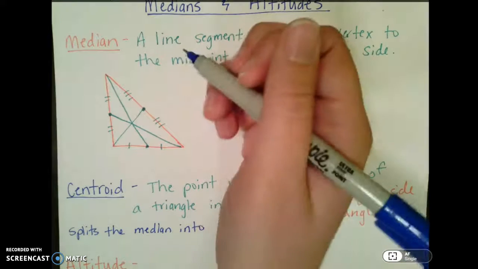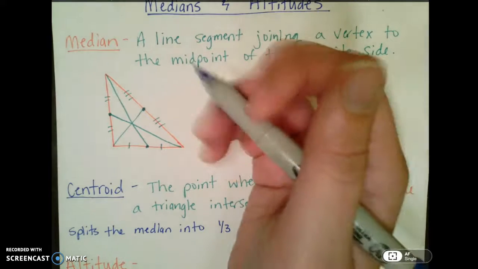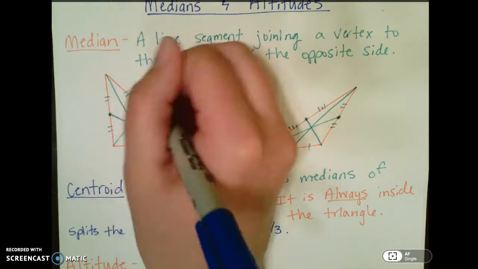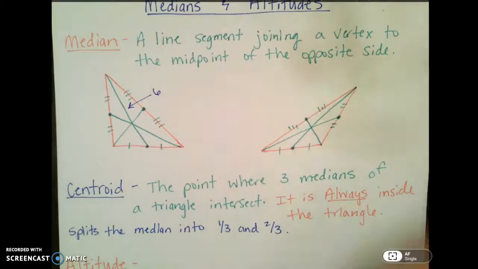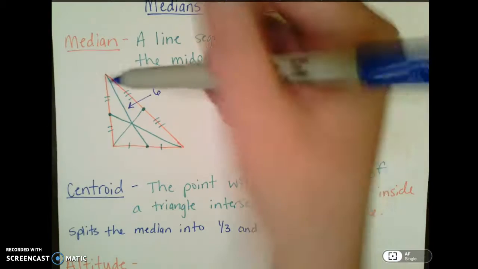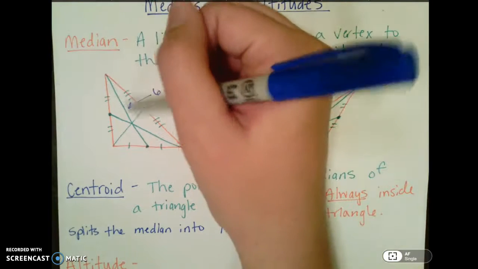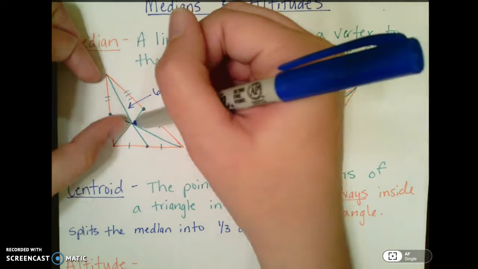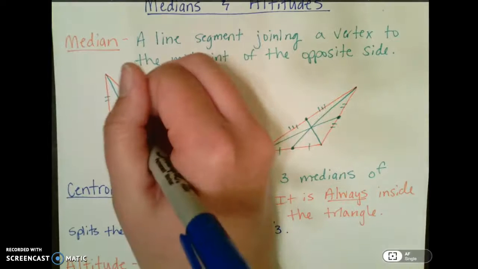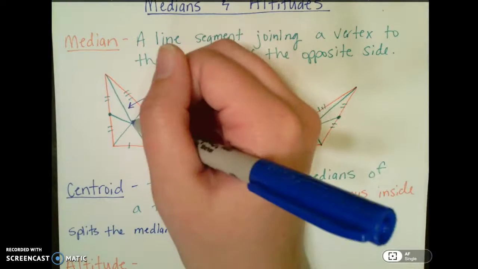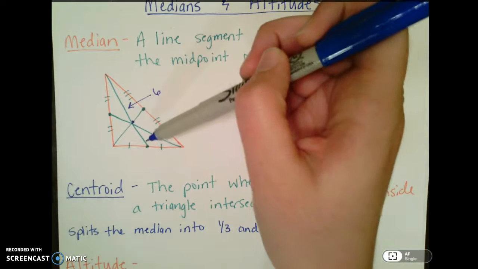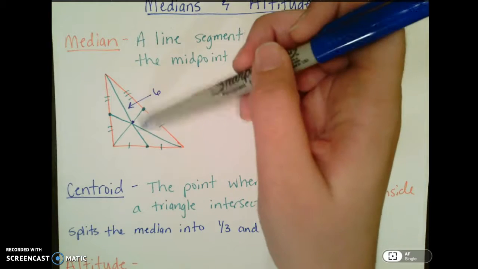Let's say that this line right here is 6. Now, if you look, this line is obviously longer than this one. Now, breaking it into sections from the centroid, so my centroid's here in the middle. So the top part of the median to the centroid, and then the bottom part of the median together form one whole median.